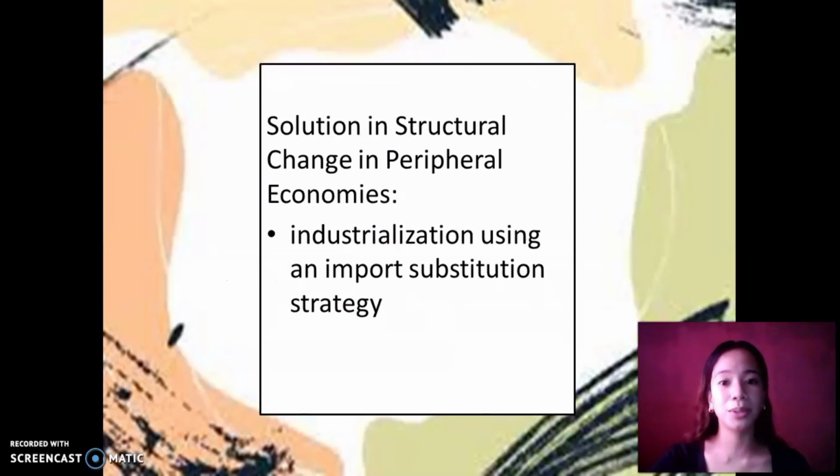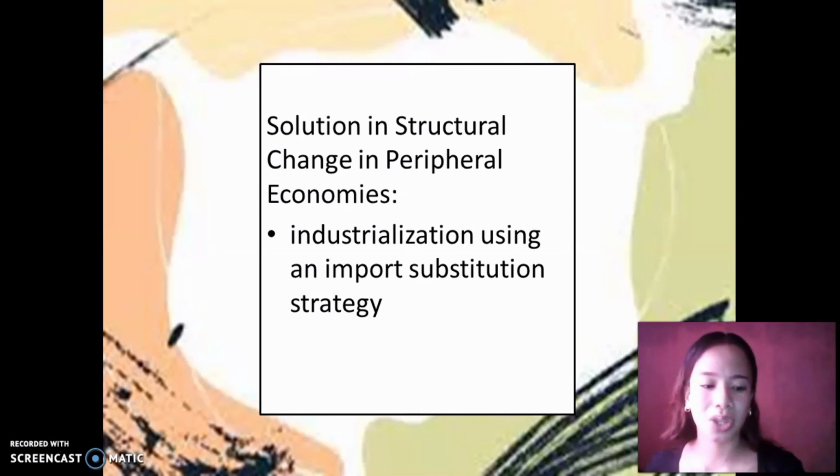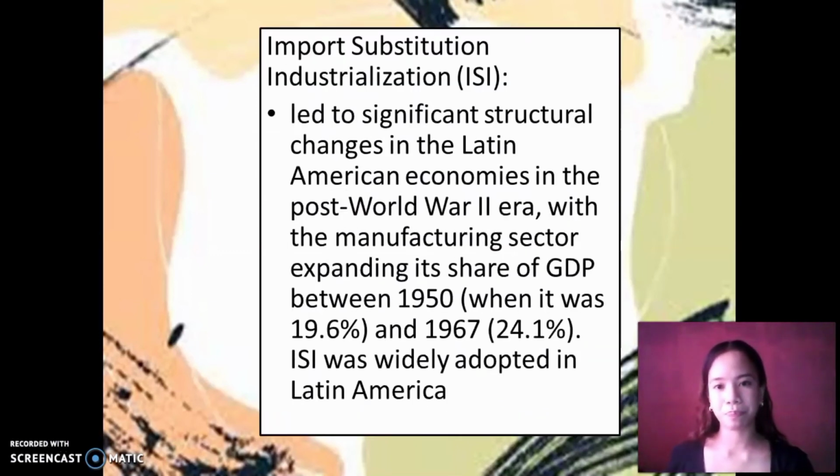So there is also a solution in structural change in peripheral economies. So industrialization using an import substitution strategy. This comes first, replacing industrial imports with domestic production. That is what should be done, just like what Japan did to its country.